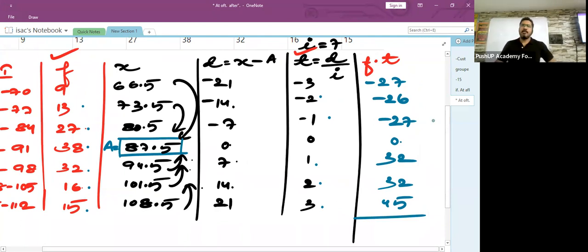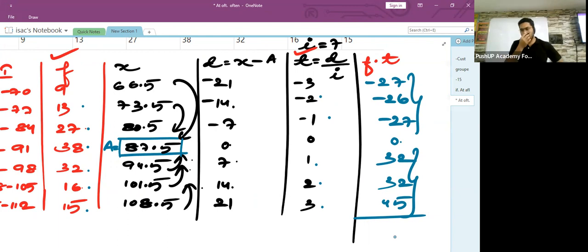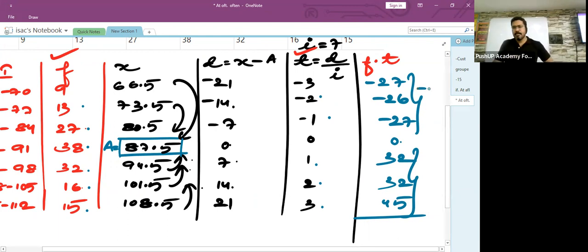Got f into t. Now, let's find the sum of all the negative numbers and the sum of all the positive numbers. Minus 27 minus 26 is minus 53. Minus 53 minus 27 is minus 80. Then 32 plus 32 is 64. 64 plus 45 is how much? 109.